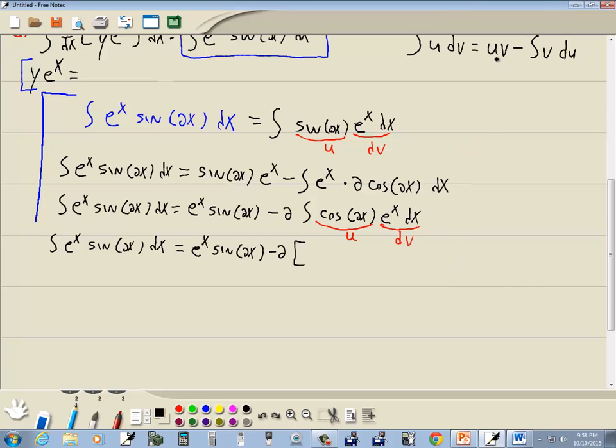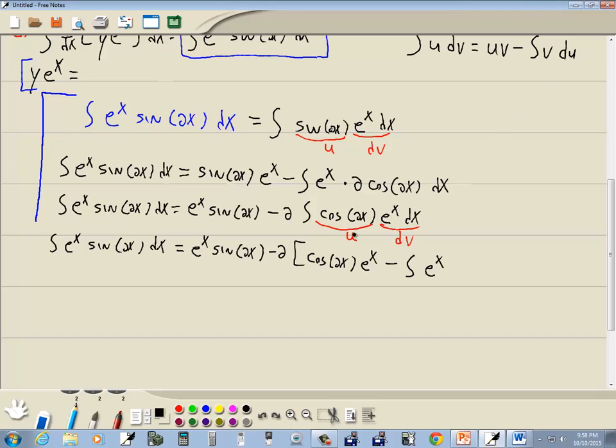And now from our formula we need u, which is cosine 2x, and times v, and the integral of e to the x dx will give us v, so that's e to the x again, minus the integral of v, which was again e to the x, times du.